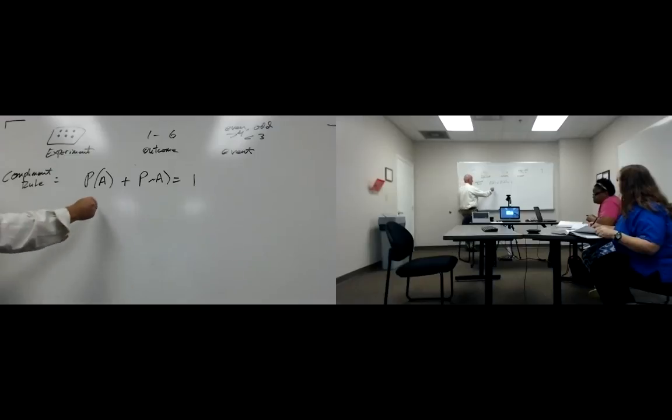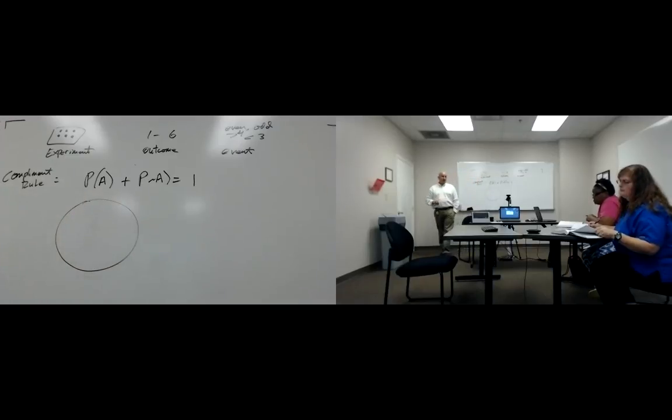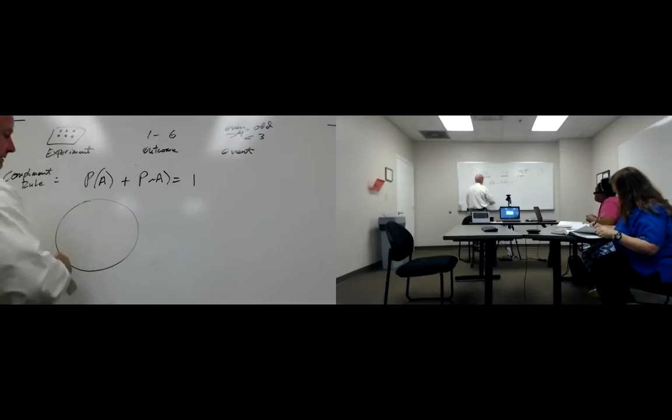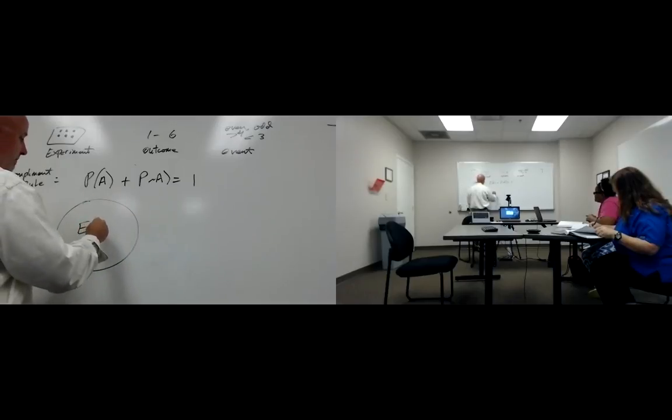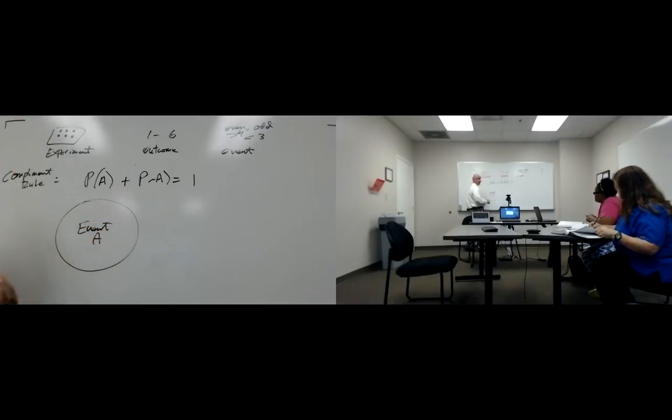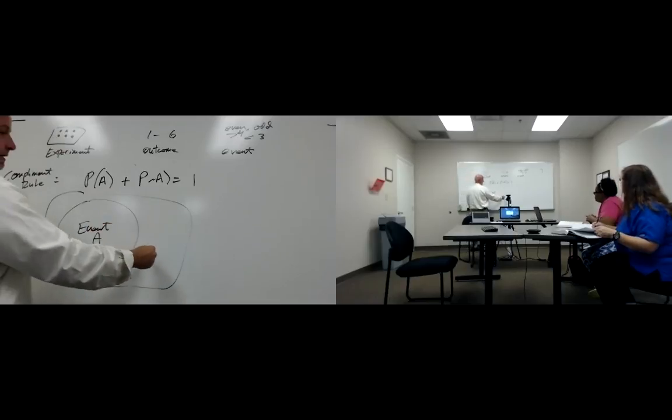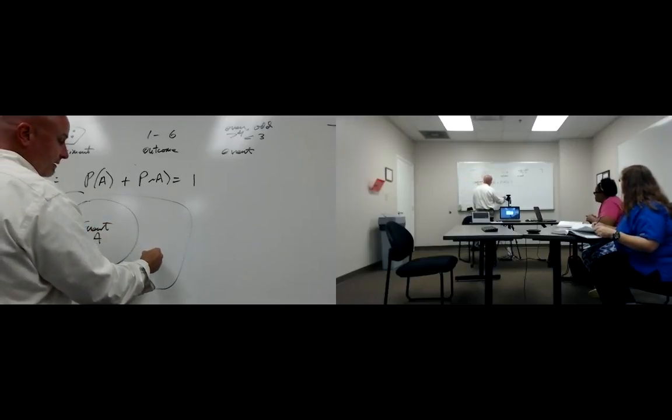All right, so look at it this way. Here we're going to have our big circle. If we call that event A, and this occurs, can this occur over here?